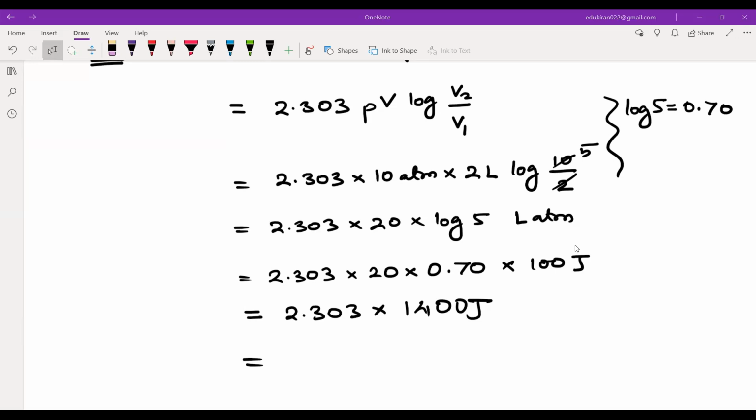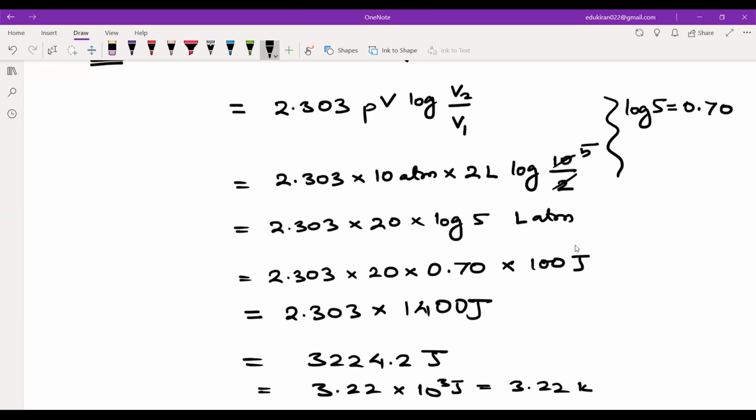So I think it will be 3224, which you can write as 3.22 into 10 to the power 3 joules, which is equal to 3.22 kilojoules.